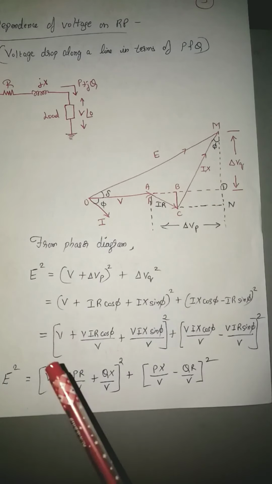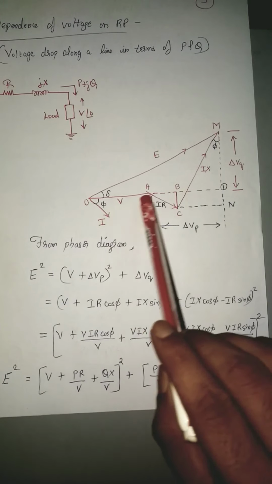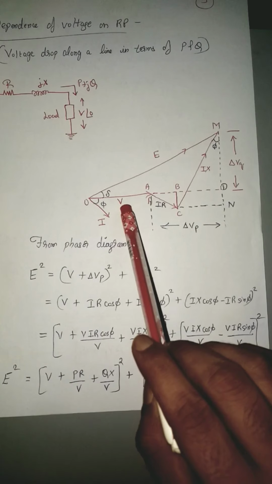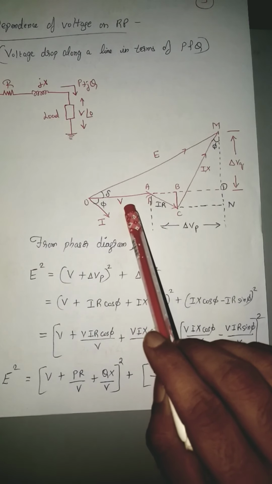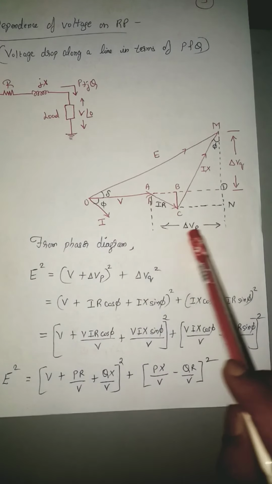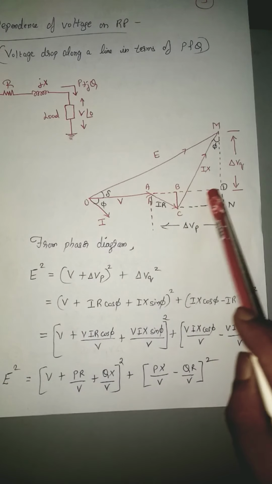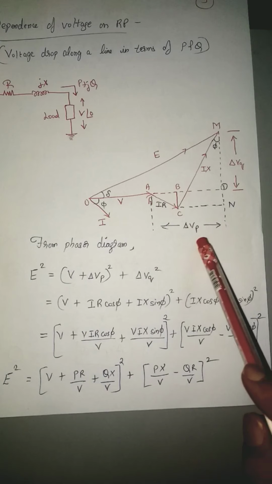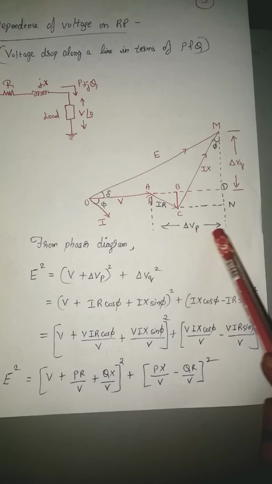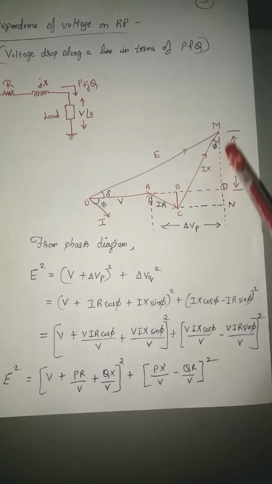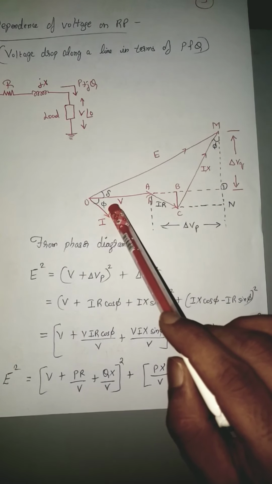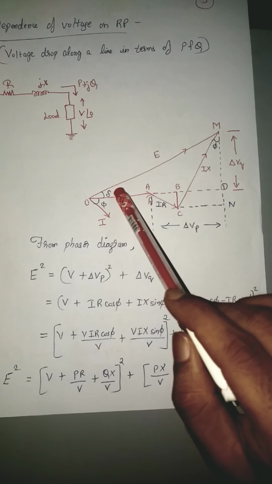Here vector OA is nothing but V, the voltage across the load, which is considered as reference while drawing the phasor diagram. AD is taken as delta VP. They're using a new variable called delta VP to represent this. MD is represented by delta VQ, and here phi represents the power factor angle, and delta is the load angle or torque angle.